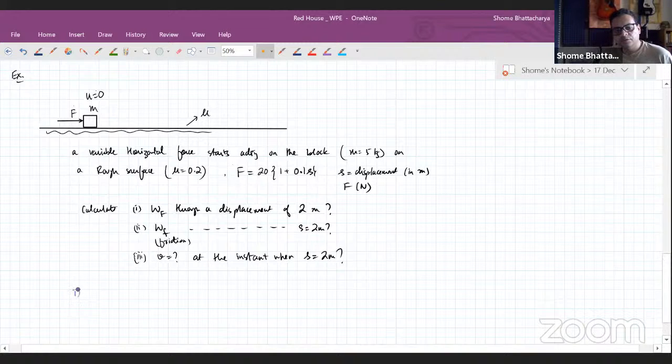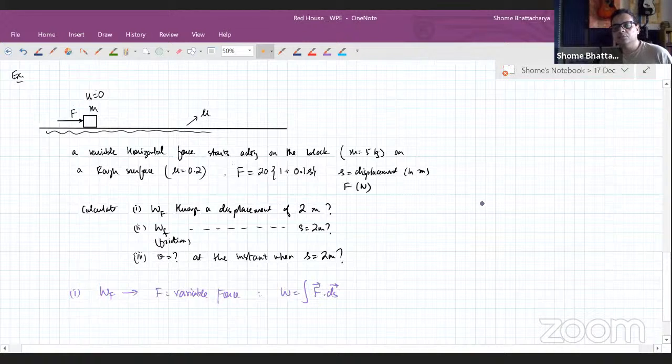So for the first part, the work done by the force F, which is a variable force, we'll have to calculate as integration of F dot ds.